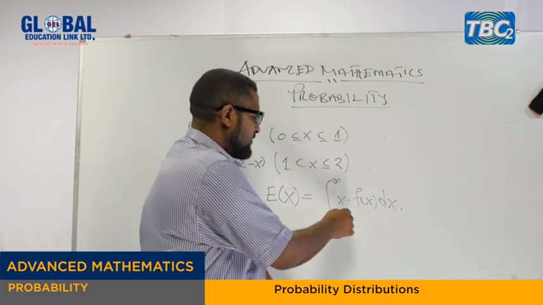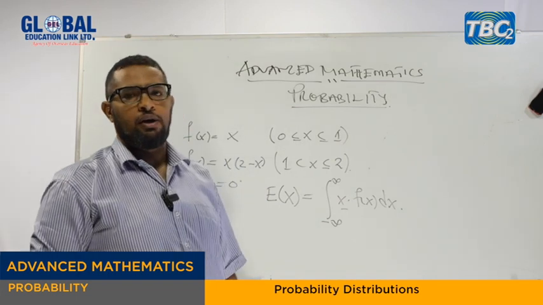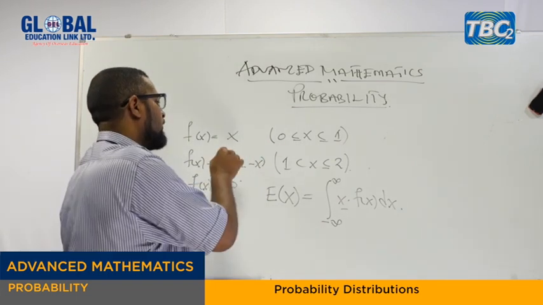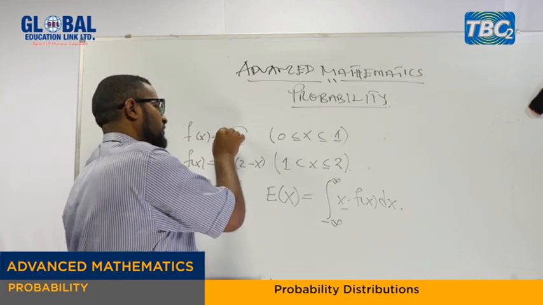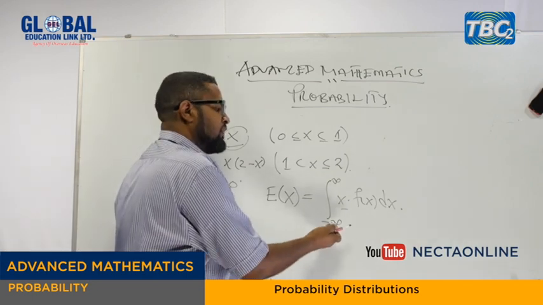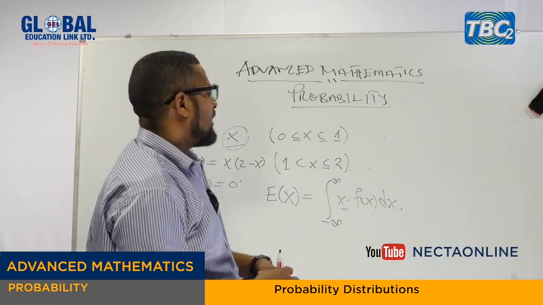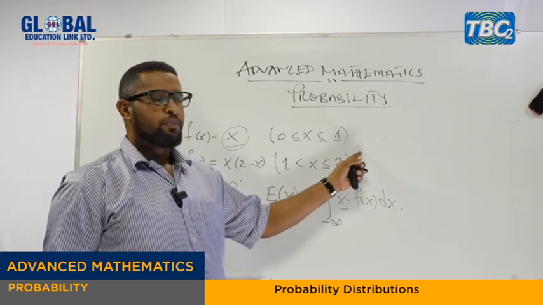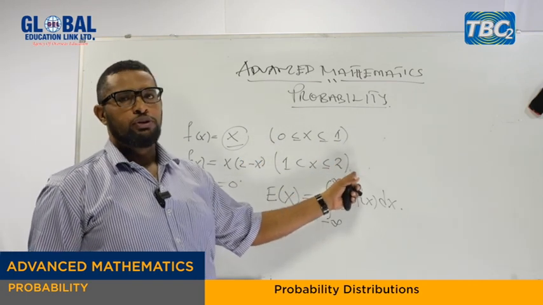Remember, this x is in the formula, but you are also given a function f of x equal to x. Now, the limits from negative infinity to positive infinity are the ones that we are given here, from 0 to 1 and from 1 up to 2.